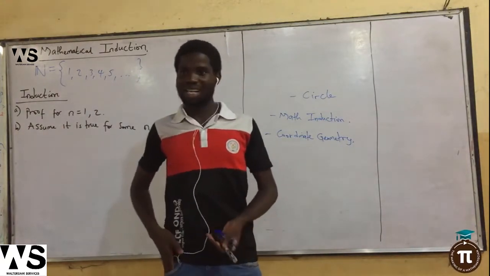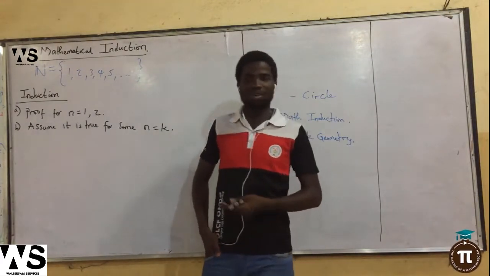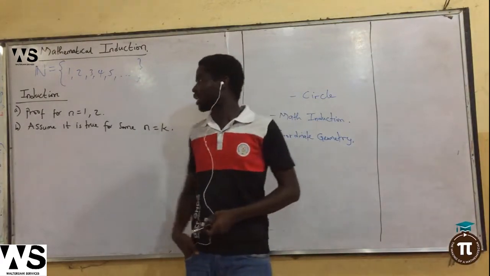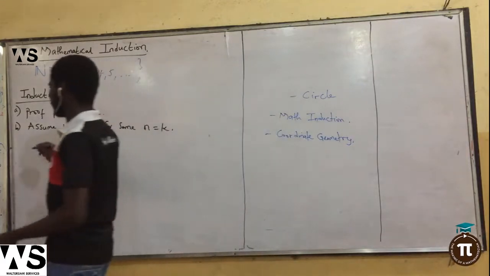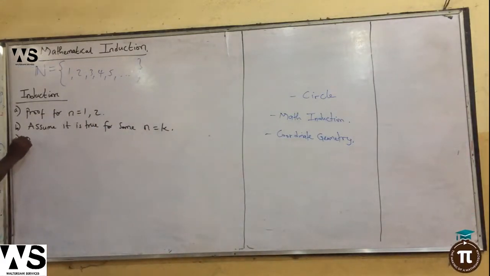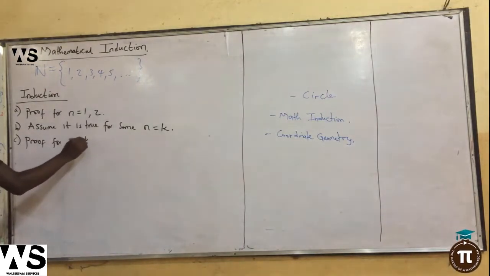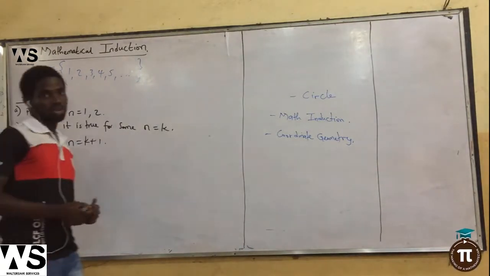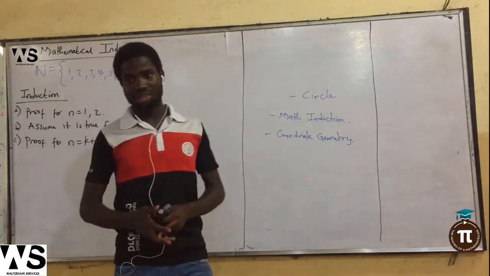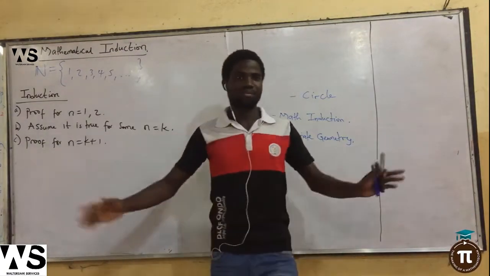Although I'm looking at some people's faces, it's already looking ambiguous. Don't worry, it's so simple. Now, the last thing to do is prove for n equal k plus 1. Once you are able to do these 3 things, you're done.